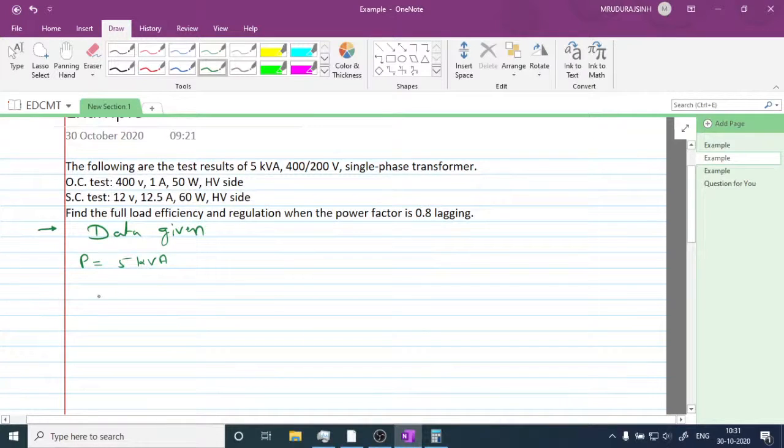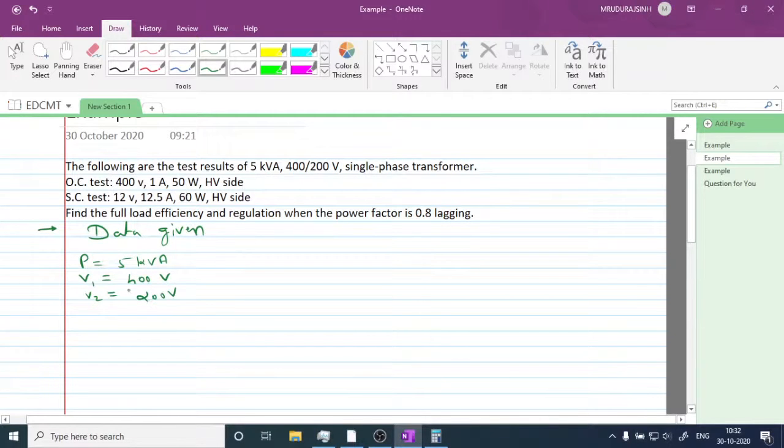Primary voltage is 400 and secondary voltage is 200 volt, and it is a single phase transformer. So let's write V1 as 400 volt and V2 is equal to 200 volt.